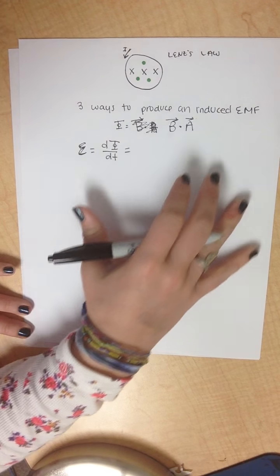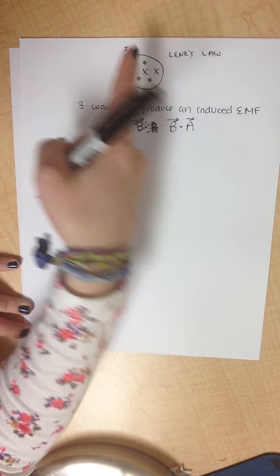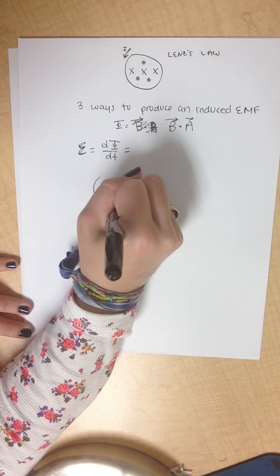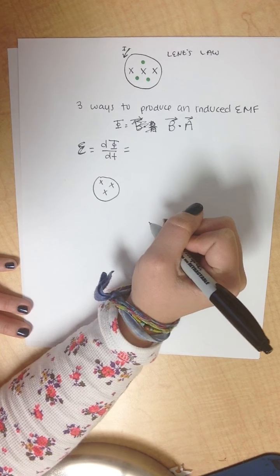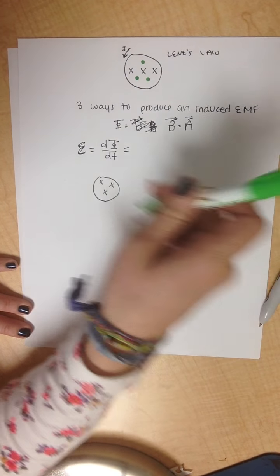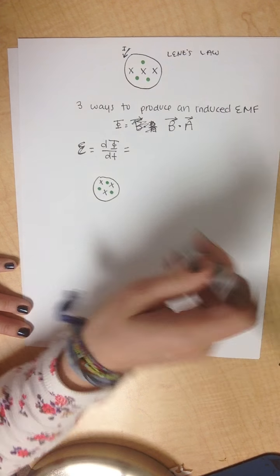So let's start off with just the change in magnetic field. So for instance, just like this loop above, we have a magnetic field going into the page that is gradually getting larger. Therefore, we have an induced magnetic field coming out of the page, an induced current.